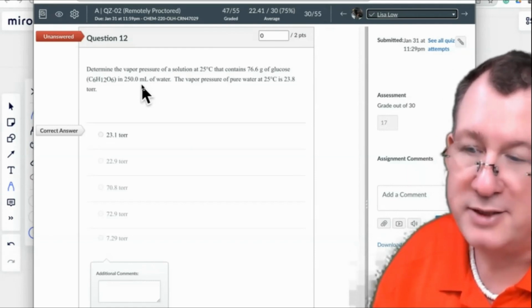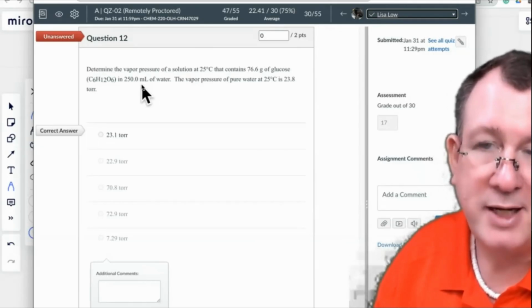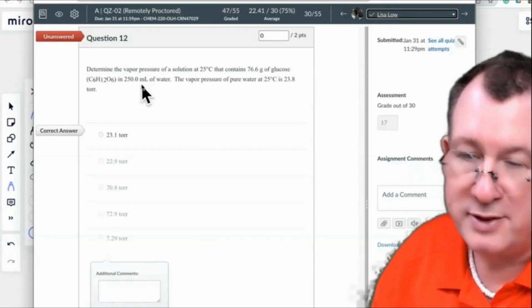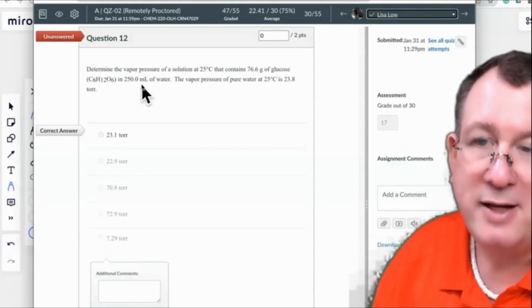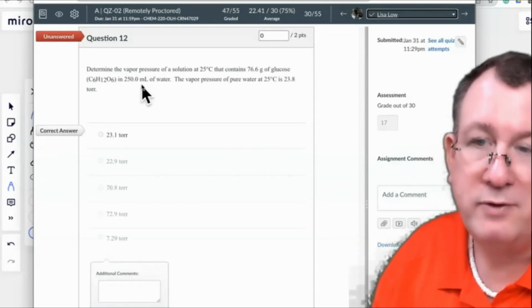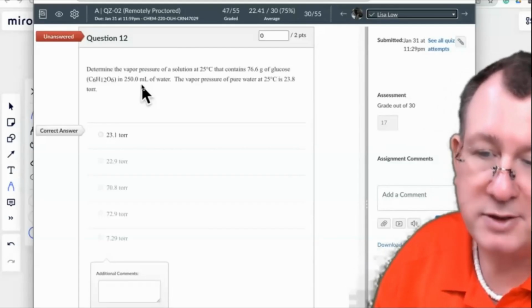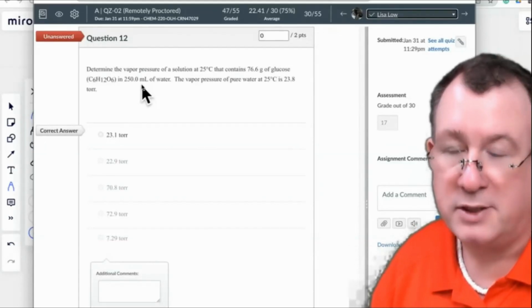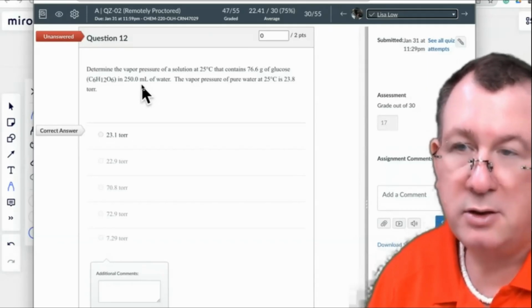That's the molar mass of water. Always have your periodic table handy. And that'll give you the moles of water. Do the same thing with moles of glucose. Then put moles of water over moles of water plus glucose and multiply that by the pure vapor pressure. You're done. Make sense? Yes.